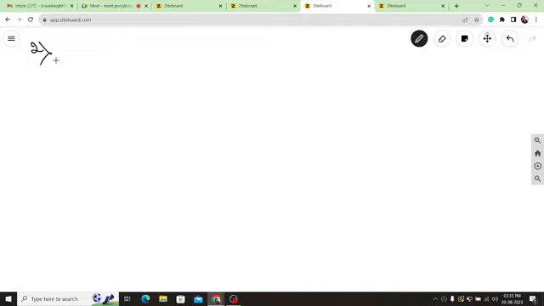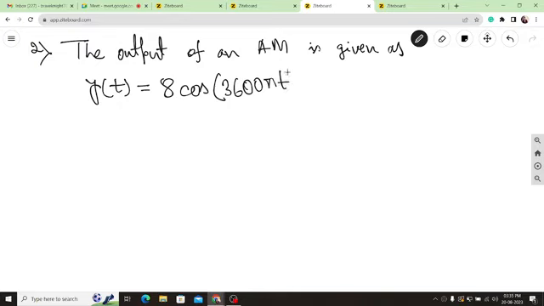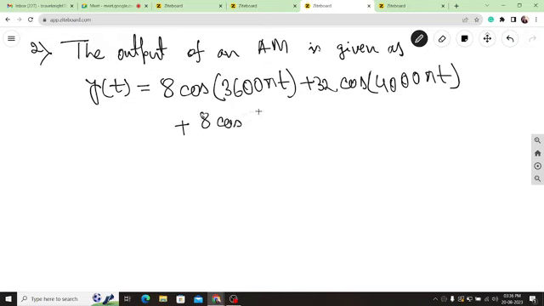Next question says, the output of an AM modulator is given as y(t) is equal to 8 cos 3600 pi t plus 32 cos 400 pi t plus 8 cos 4400 pi t.